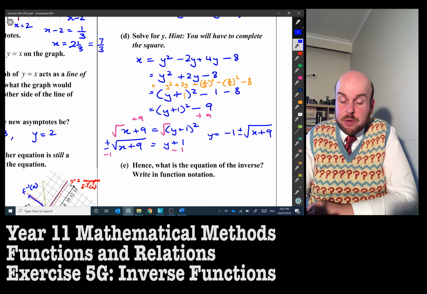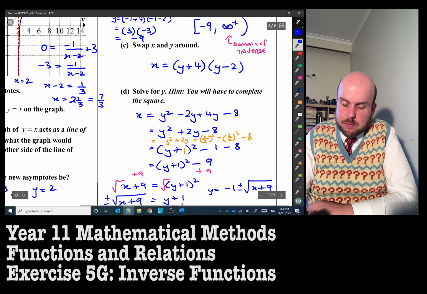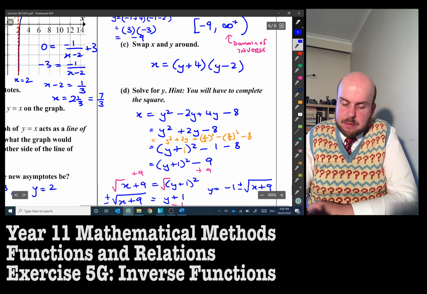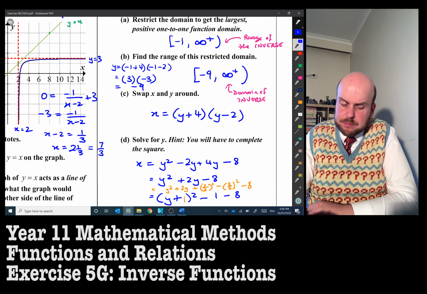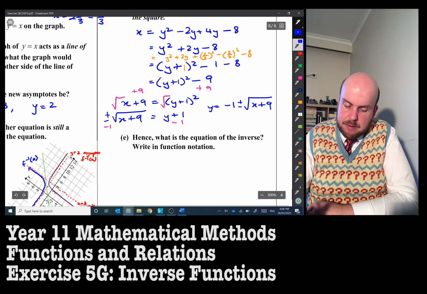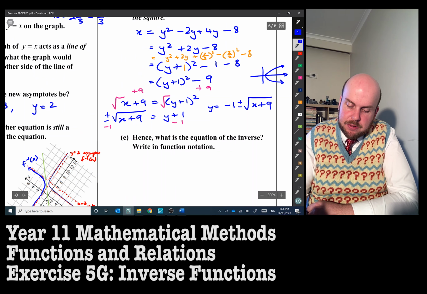So you've got 2 choices. We have to choose one of them. We need to make sure that we have whichever one will have the range of -1 to positive infinity. So remember that a square root graph, a positive one looks like this, a negative one looks like this.